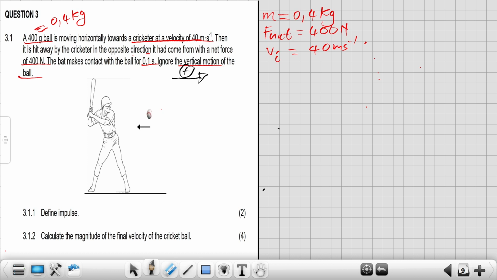So if my direction to the right is positive, then V initial must be negative, and F net must be positive in the same direction. This is me trying to understand the information that is given. I'm also given t, which equals 0.1 second.